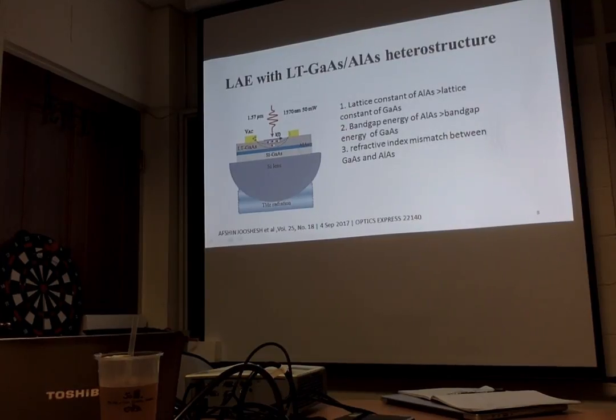I forget the number, but it is very close. Very, very close. Yeah. You mean the lattice constant between aluminum arsenide and gallium arsenide? Yeah. But my question is, how come they deposit this layer between two types of gallium arsenide?